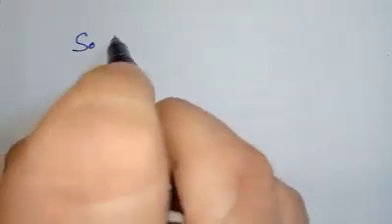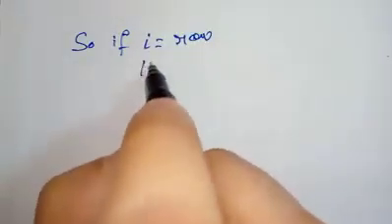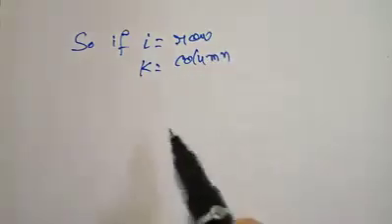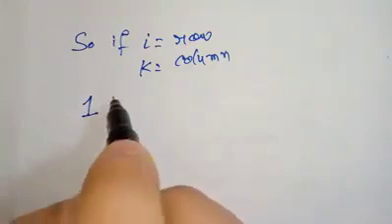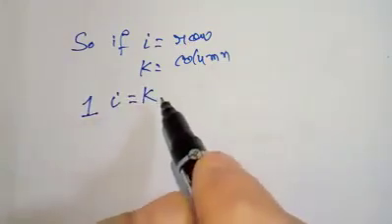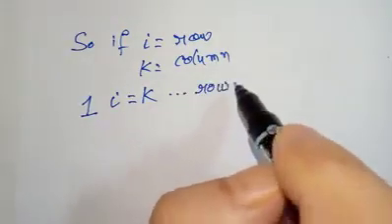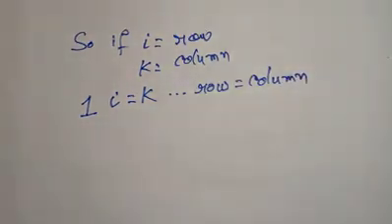So if i equals row and k equals column, when I put 1, then i equals k, that means row equals the column.